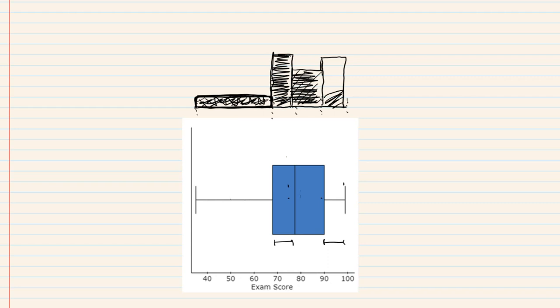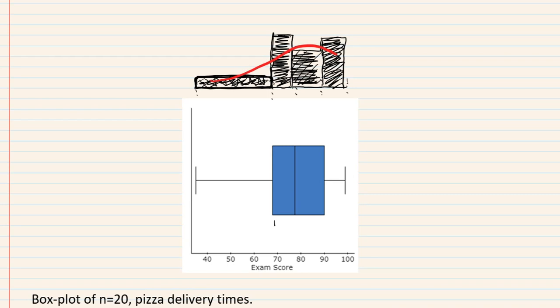You see how that happened? This would be one possible histogram for this box plot. From this I can decipher the distribution of this data, the exam scores. You see how you did that?